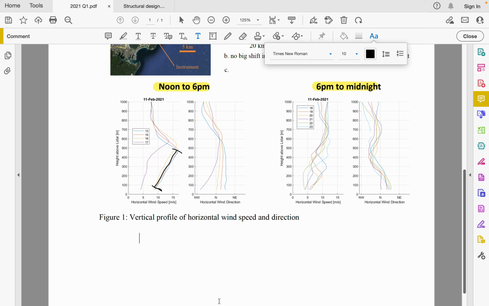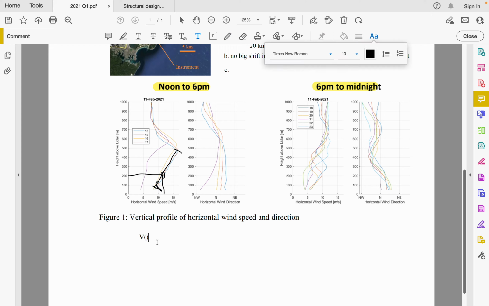So we can pick up 2 points. We can pick 1 point there at 10 meters per second, which corresponds to 100 meters, and 200 meters corresponds to about 12 meters per second.